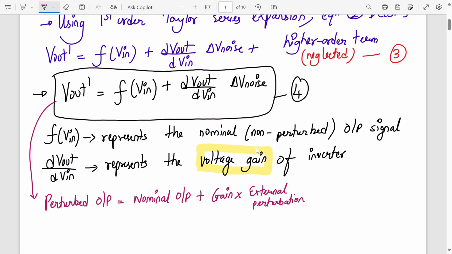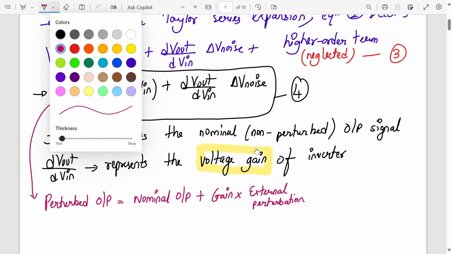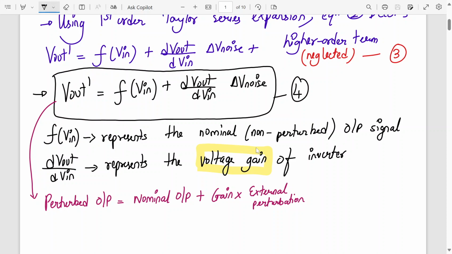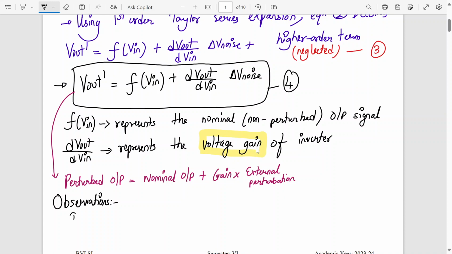Okay? Now there are a few observations related to equation number 4. So let's write them down. Understood this? If I take the magnitude of the voltage gain smaller than unity, then what will happen?